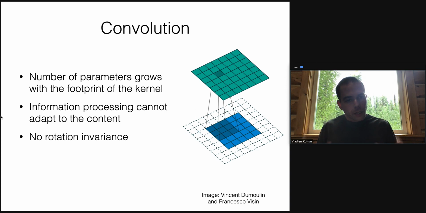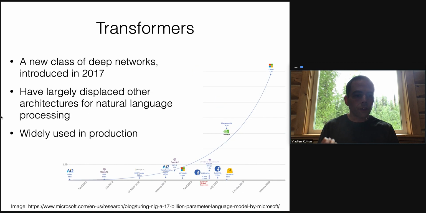Now, our inspiration for reconsidering the role of convolution in state-of-the-art computer vision models comes from natural language processing, which has seen a revolution in the last few years. And this revolution was wrought by transformers. Transformers are one of the most interesting stories in deep learning. They have revolutionized natural language processing.